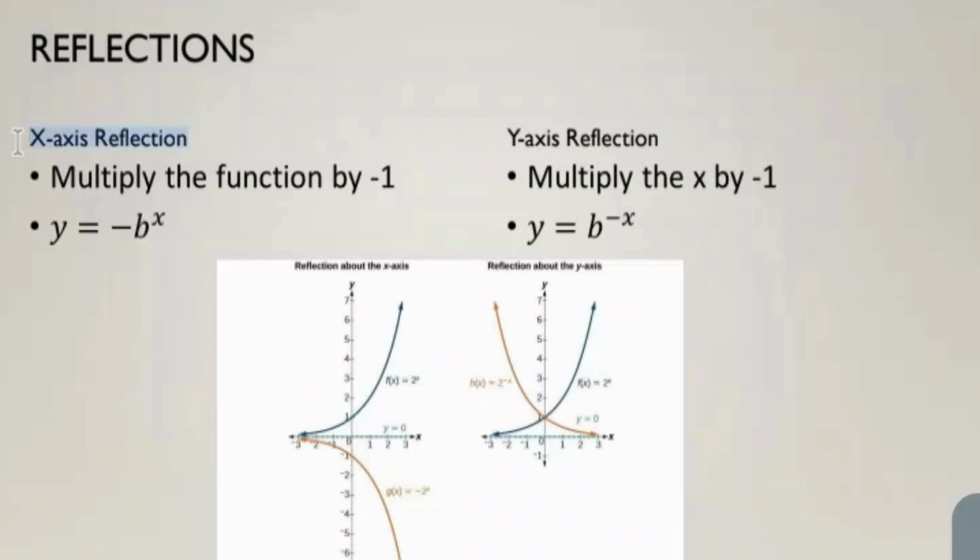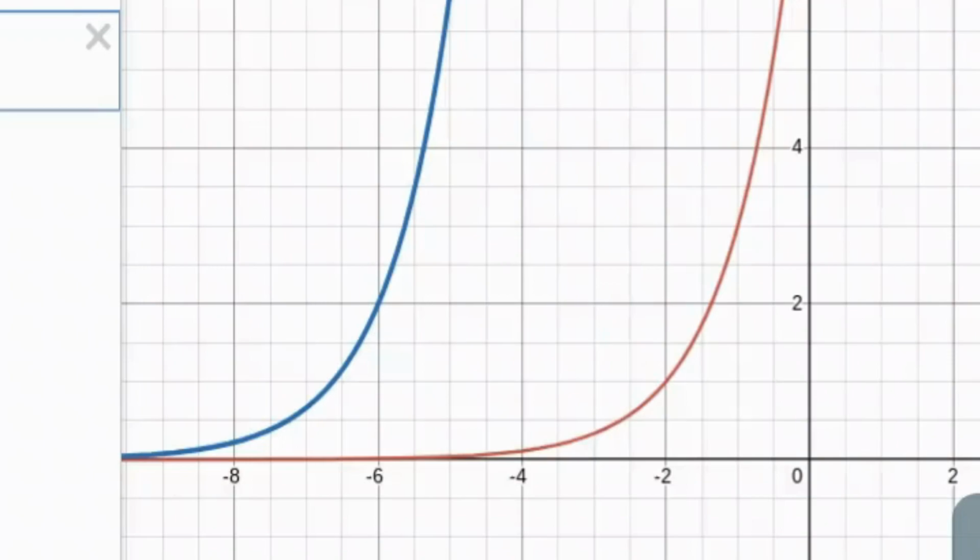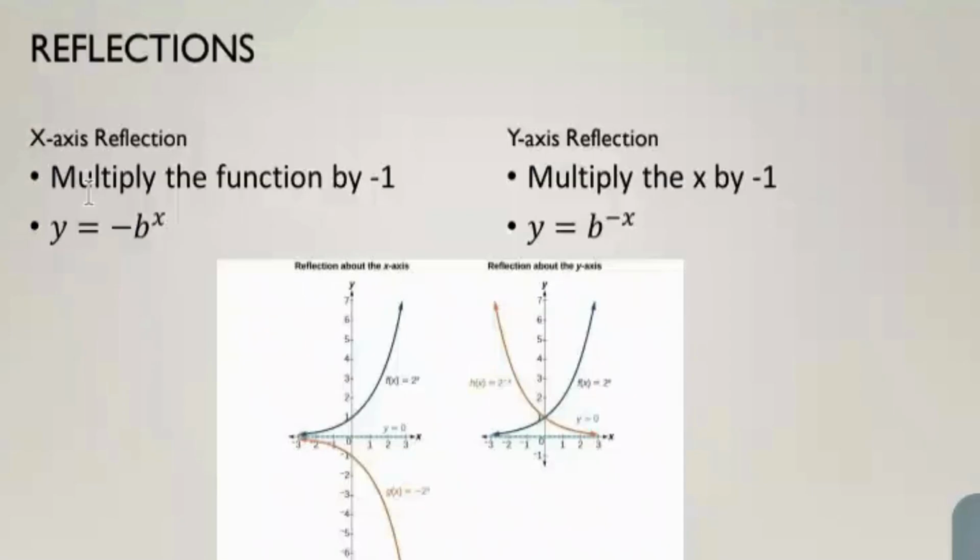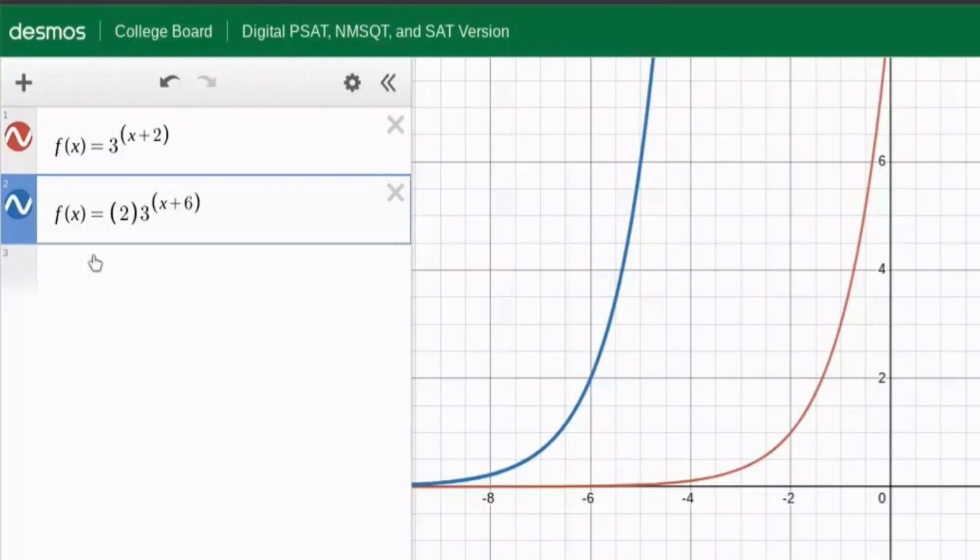If it was a reflection across the x-axis, we would be multiplying the function by -1, and the negative sign would go in front of this little 3. But we're not doing that. Instead, the negative sign is going to go in front of our x. What is our x? Our x is this.